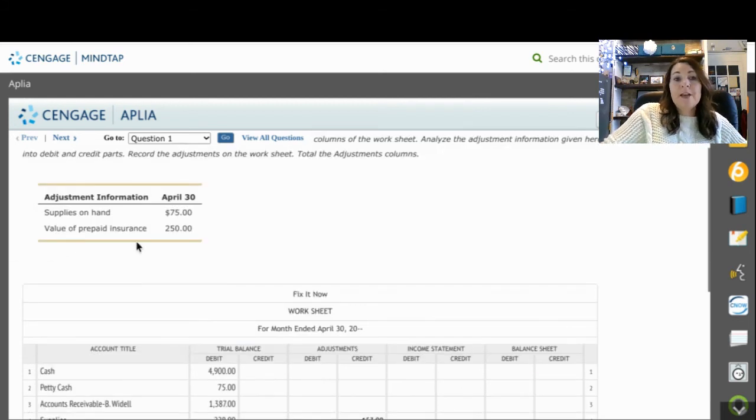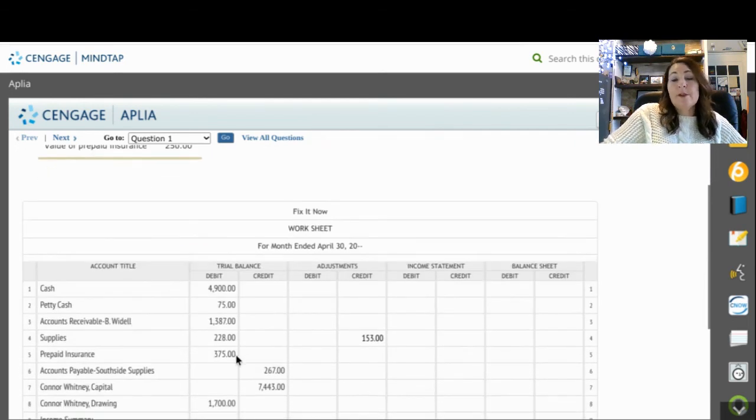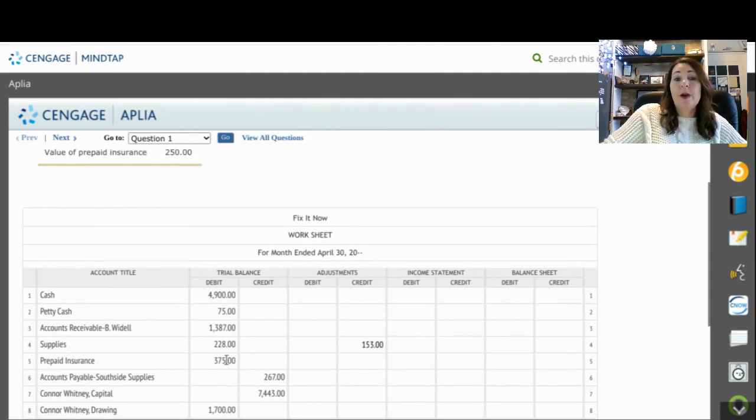The next says the value of our prepaid insurance is $250. Well, we have our prepaid insurance of being $375. So it's too high. So we need to take $375 minus our $250. So we need to reduce this by $125. We need to reduce a debit.